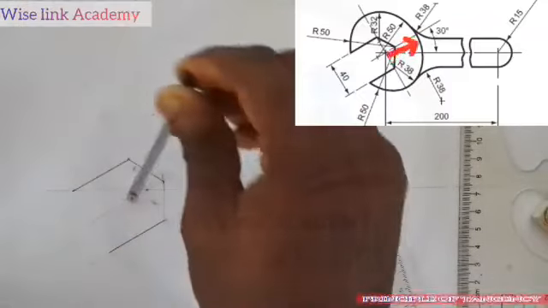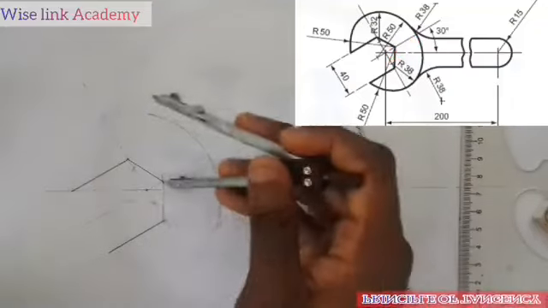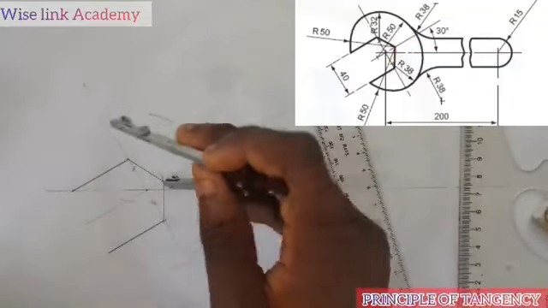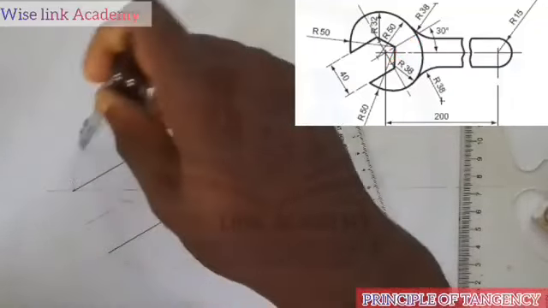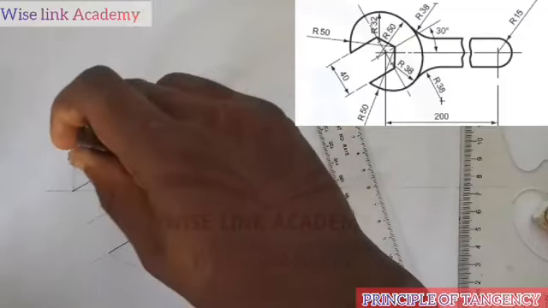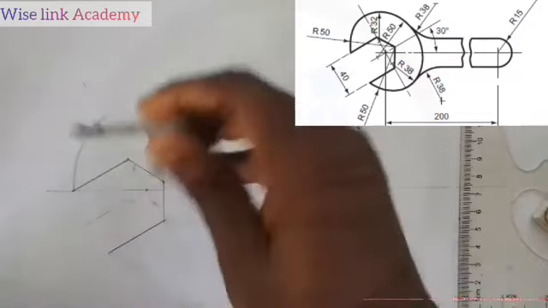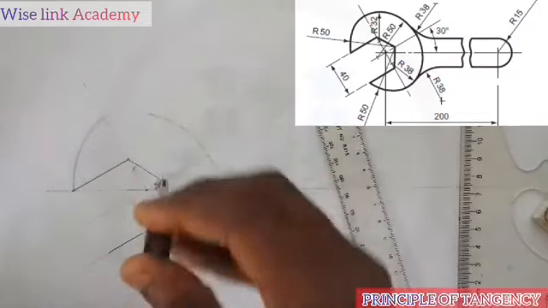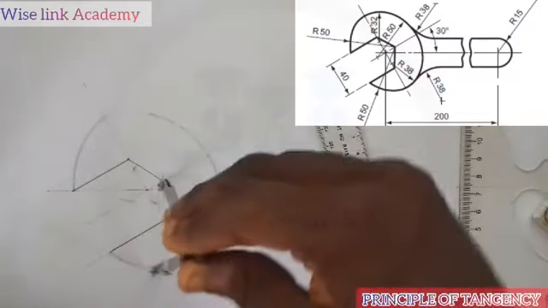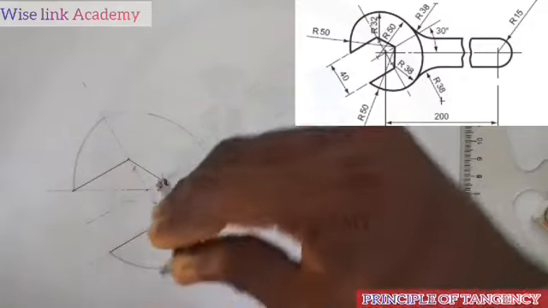right? Similarly, from this point here, I will extend it to this point to thicken this part here, right? Similarly, this point here to thicken this point here, as you can see.